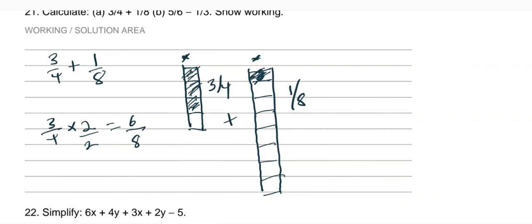Have you seen it? So you have brought the 3 over 4 into a form that is 6 over 8. Have you seen it? So now it means that you now have a rectangle like this.